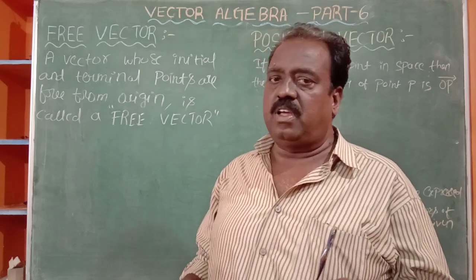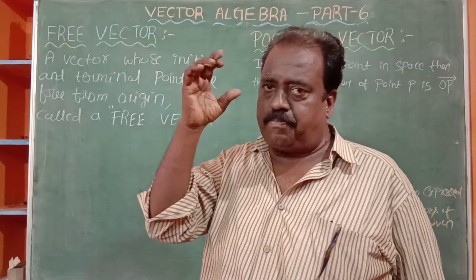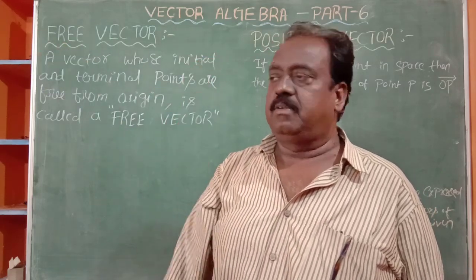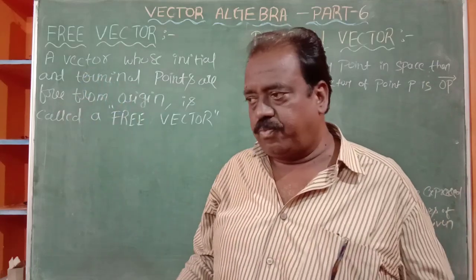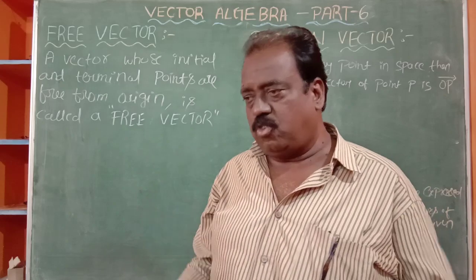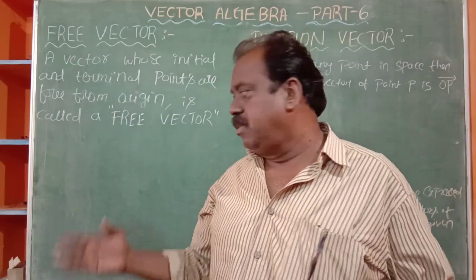So here a particle is moving from one place to another place. It is purely three-dimensional geometry. Our room, you assume your room where you are observing this video, that room is a space.